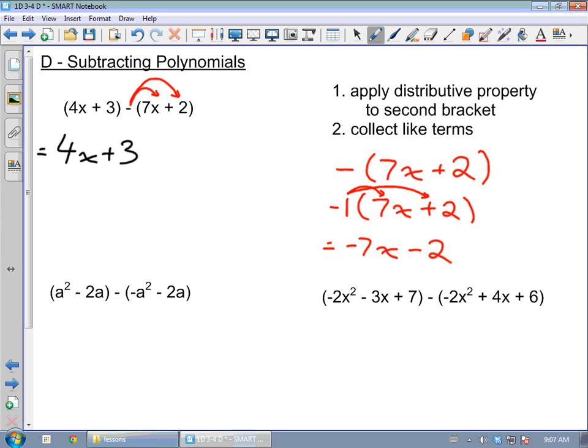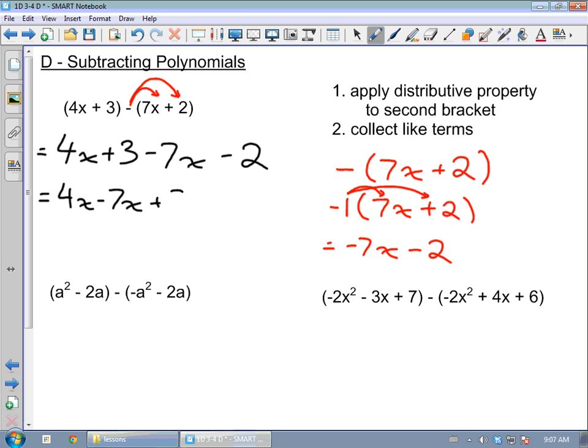It's still 4x plus 3. But when we do our negative 1 times 7x, we get negative 7x. Negative 1 times 2 gives us negative 2. Now we want to collect our like terms. So our like terms here are the 4x and the negative 7x, and 3 and negative 2.